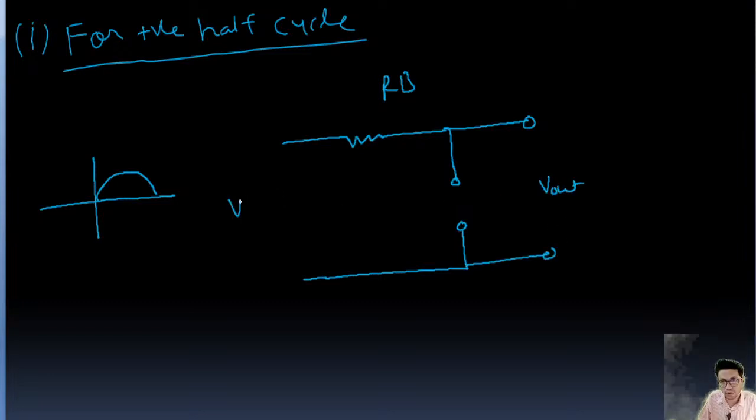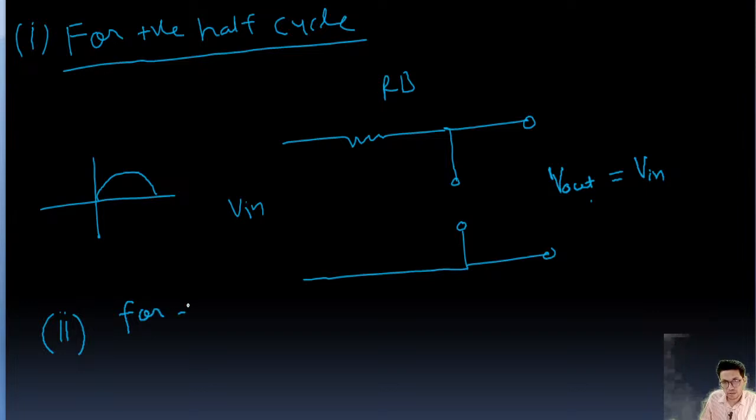So V output is going to be equal to V input. Because this is reverse bias and open circuited, whatever voltage is at the input, that same voltage will be at the output. Very important thing.